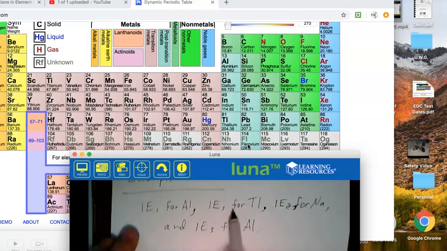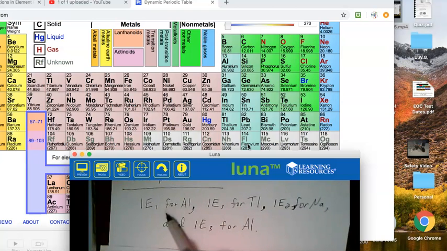Which has lower energy, thallium or aluminum? And if you think about the size, thallium here is towards the bottom, aluminum's up. So it's easier to remove an electron from a larger atom than it is from a smaller one. So that means I know that IE1 for thallium is going to be smaller than all of them.